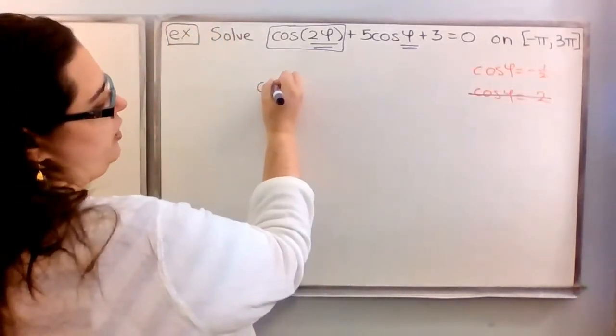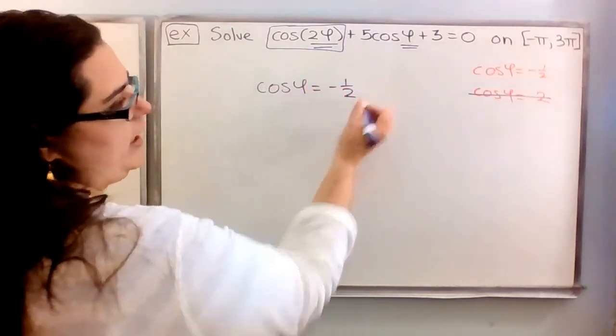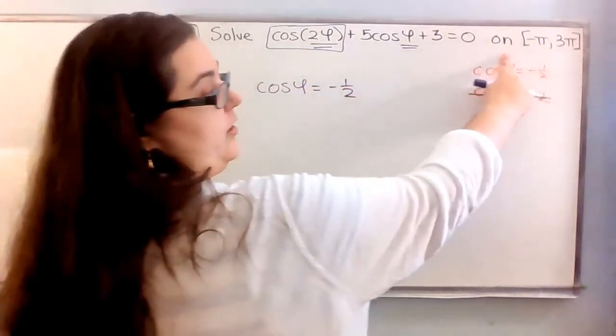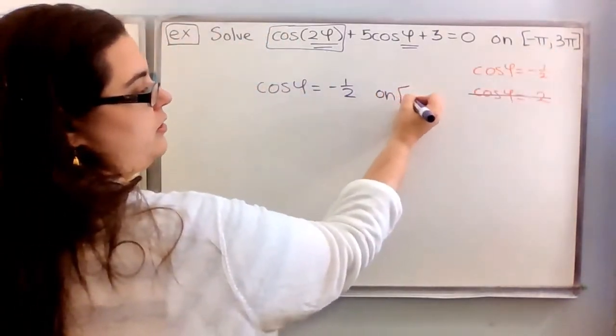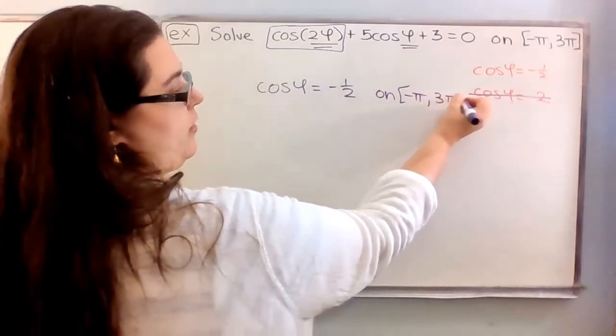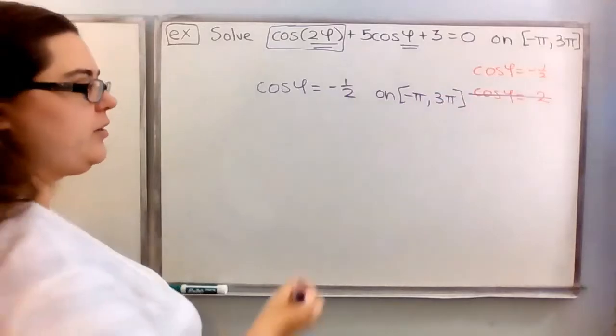So we're looking for all values of phi so that cosine of phi is equal to negative 1/2 on this interval from negative pi to 3 pi. All right, so let's draw a unit circle to help us out here.